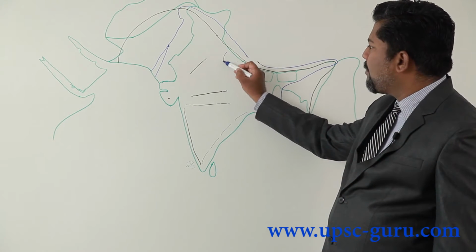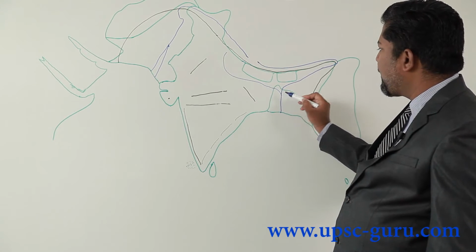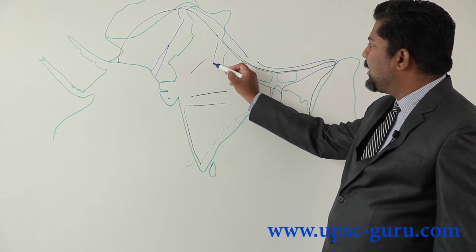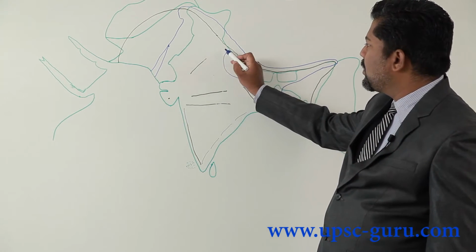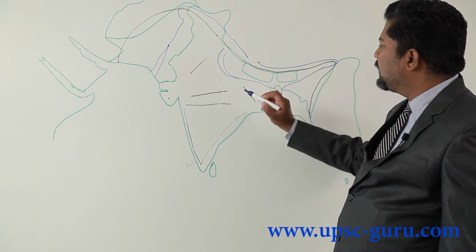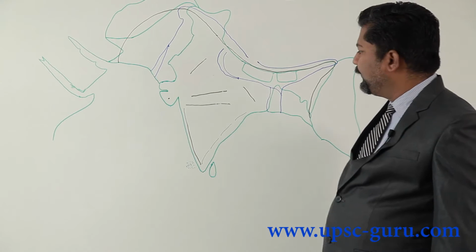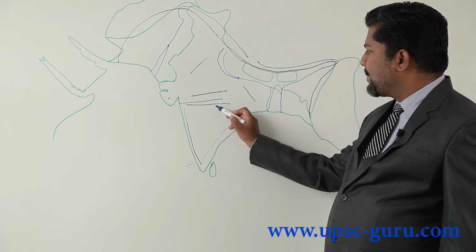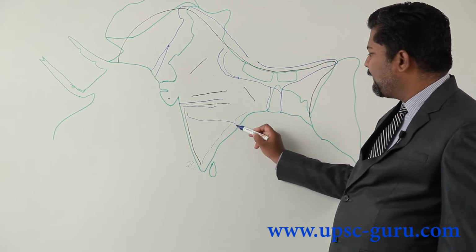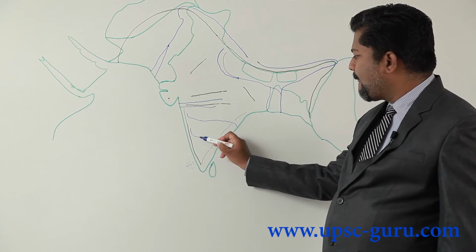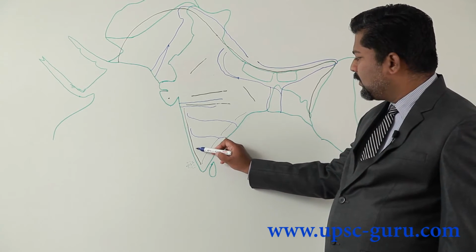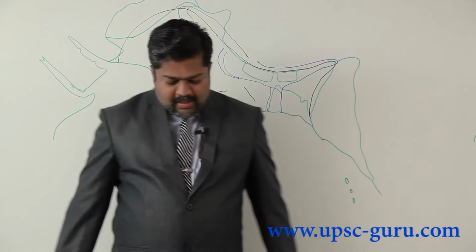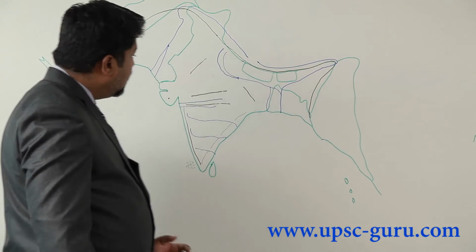Then Ganga, its distributary Hooghly, Yamuna, with confluence at Prayag, Allahabad. Then Narmada, Tapi, Godavari, Krishna, Kaveri.